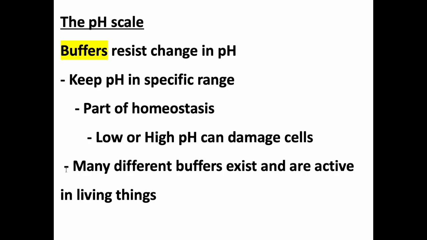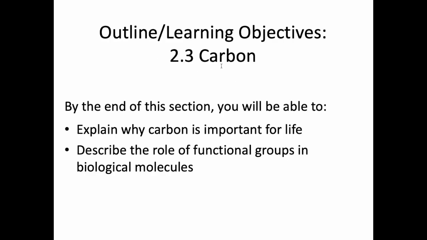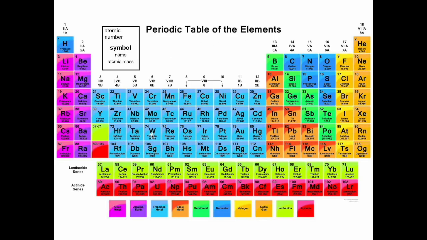Now, to finish out this chapter 2, there is one more topic here, and that is a topic about carbon. So in this whole periodic table of the elements, we talked about SPONCH on the first day of class, the elements that are most common in living things, but the one that's probably most important for us is specifically carbon.